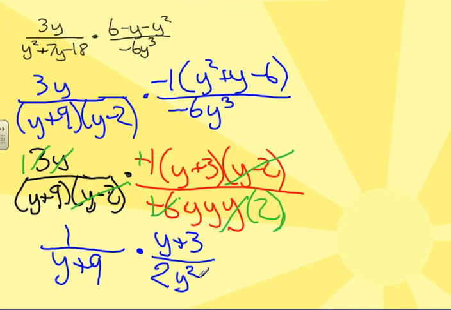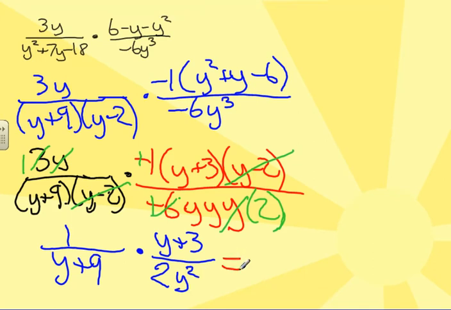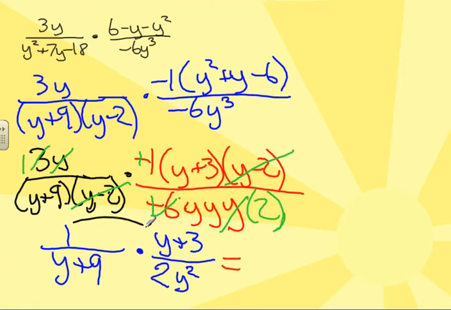Now I multiply this out. Multiplying the top out, I have to multiply both of those out. 1 times y and 1 times 3 is y plus 3, all over. Now I'm going to take this 2y squared and multiply it by both of those.